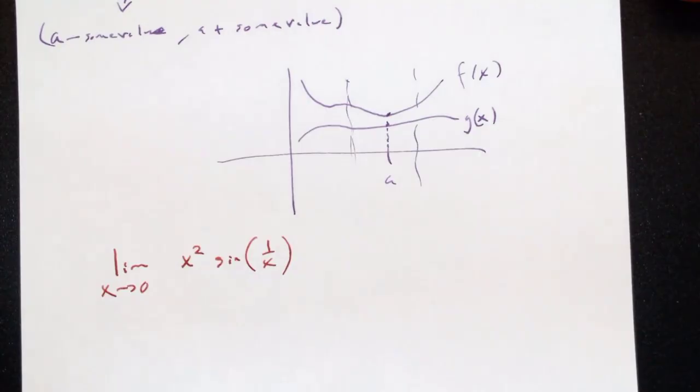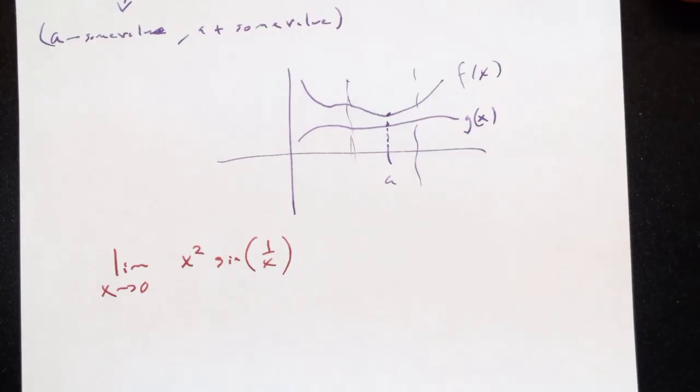I want to compute this limit. I have a problem. As we get closer and closer to 0, what happens to sine of 1 over x? We've seen that one before. Sure about that? As x gets smaller, 1 over x gets bigger, right?